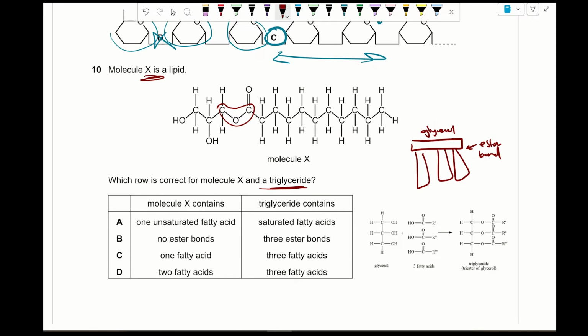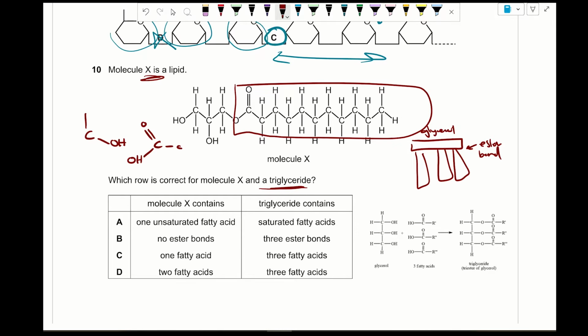If we were to draw these out, it would have looked something like this before the condensation reaction, and the carboxylic acid would have looked something like that. This is this molecule right here.